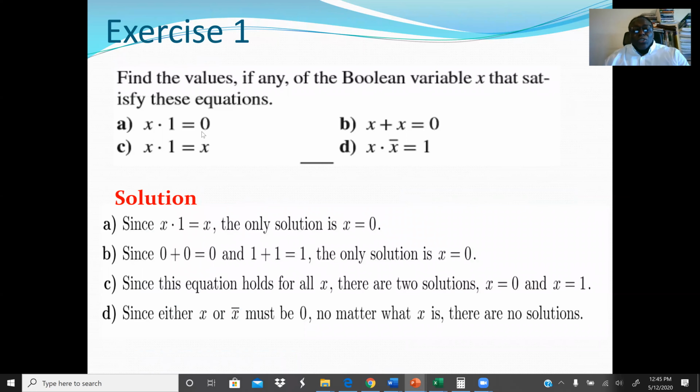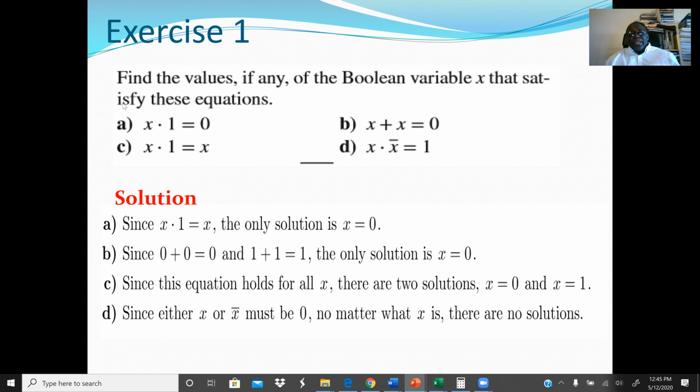So now let's look for some examples here. They say find the values, if any, of the Boolean variable x that satisfy this equation. x times 1 is 0. Since we know from the rule that x times 1 is x, x times 1 is 0 only if x is 0.